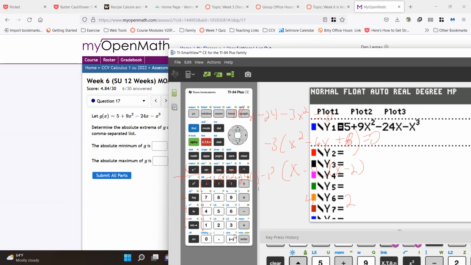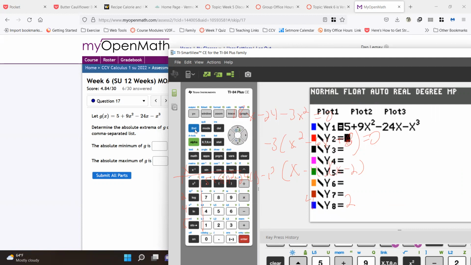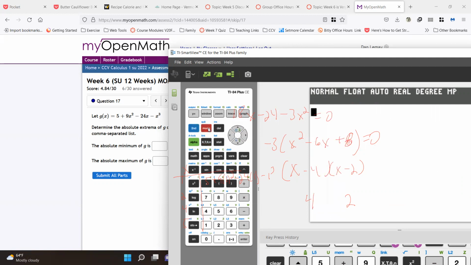Okay, so I'm going to hit enter, just make sure it's there. And then I'm going to second quit this. And then what you can do, here's the cool thing about these calculators. I showed you that other way where I typed in the number and then used the answer. I can also do this with the calculators by typing it into the function. Then what's nice about that, I can just hit graph and make sure I'm right.